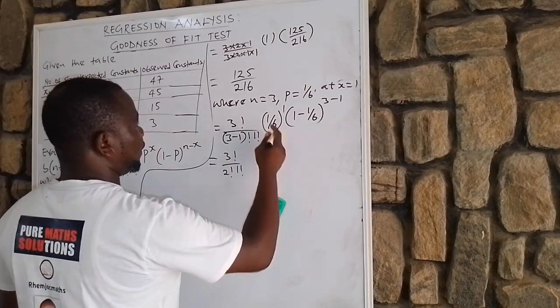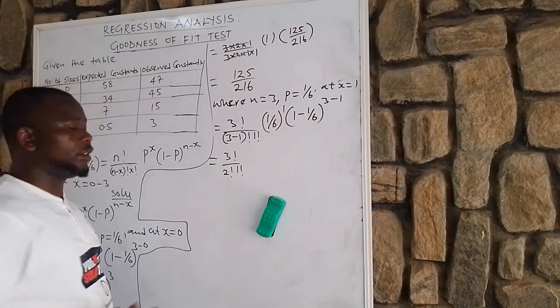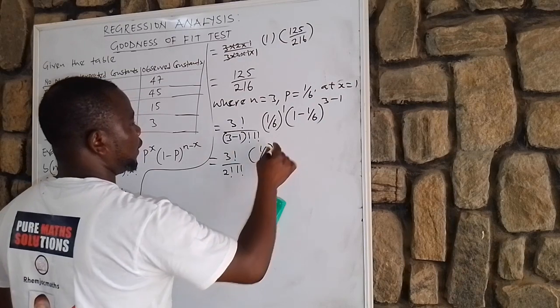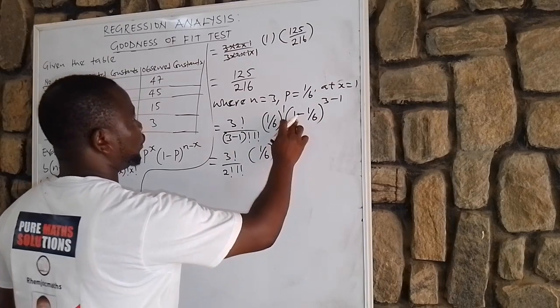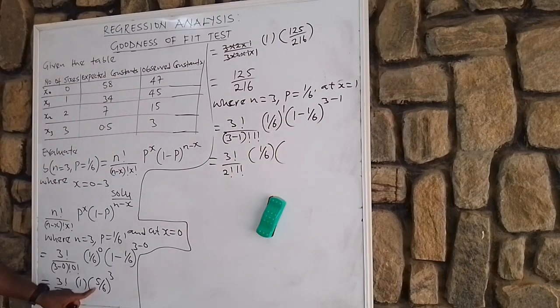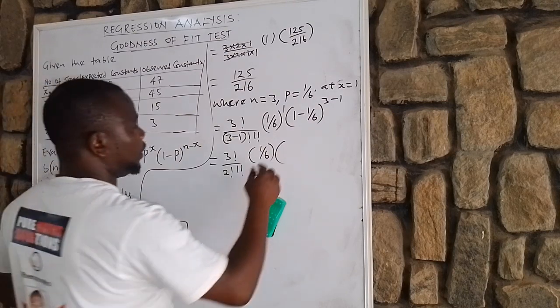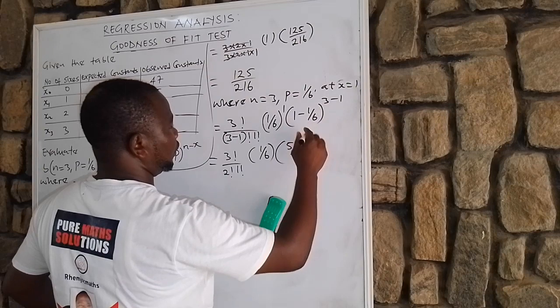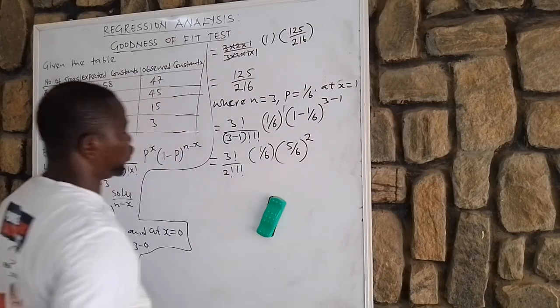Then 1 all over 6 raised to power 1 is the same thing. It's going to give 1 all over 6 times 5 all over 6, 3 minus 1 is raised to power 2.